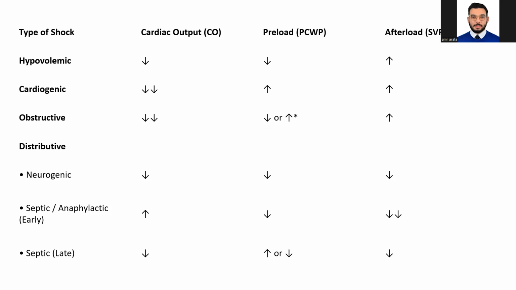Okay, so when would the afterload not be elevated? You would see that frequently when the body can no longer mount an adequate sympathetic response, in situations of neurogenic shock, anaphylactic shock, or septic shock. You would see the toxins themselves in septic shock, or the immune response in anaphylactic shock.